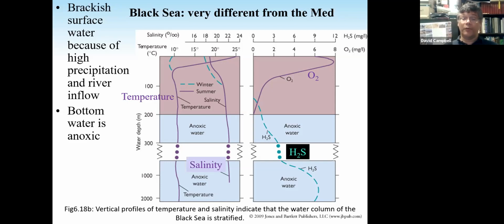So plenty of water, not as much evaporation. You have some major rivers like the Danube flowing in. And so the surface water of the Black Sea is on the fresh side.